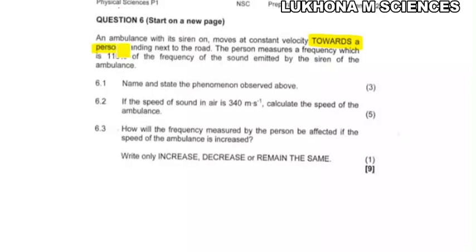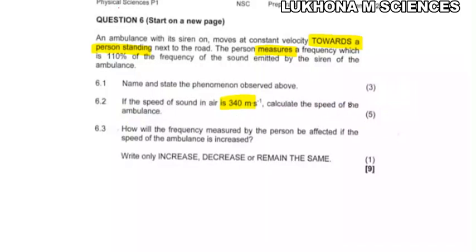The person measures a frequency which is 1/10% of the frequency of sound emitted by the siren of the ambulance. Name the phenomenon. This is the Doppler effect. The Doppler effect is the change in frequency heard by the listener, because the listener and the sound source have different velocity relative to the medium of the sound propagation. If the speed of sound in air is 340, calculate the speed of the ambulance.